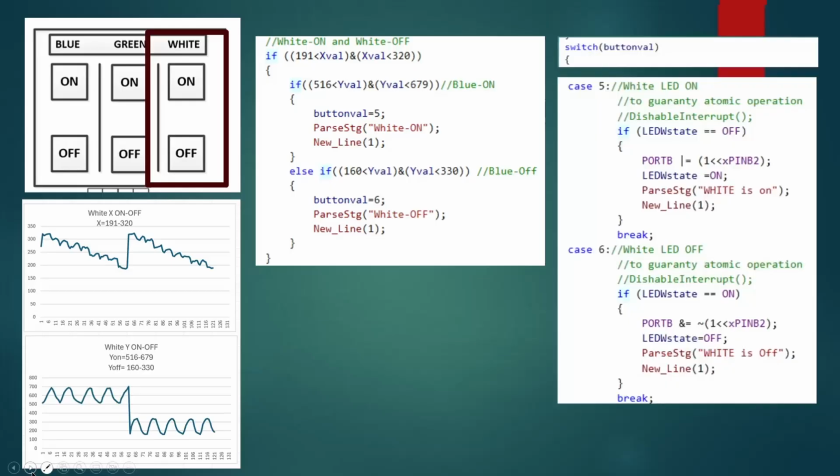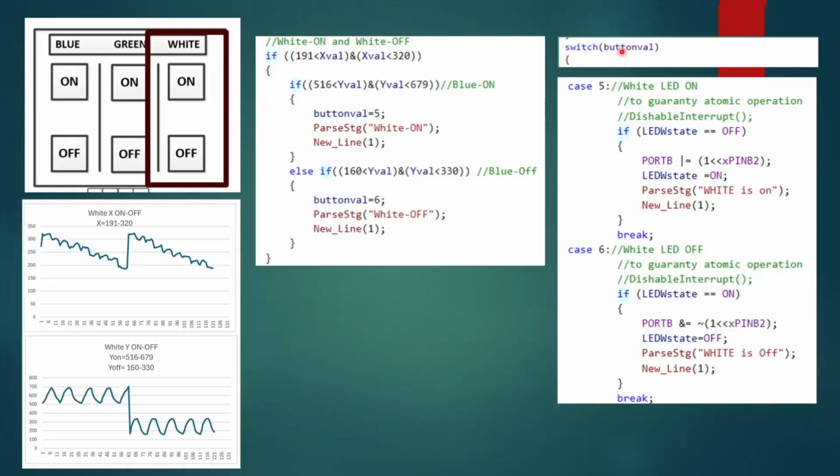Again, I do the same as before. If this if statement is true, then I set the button value to 5. If it's within this range, the output from the analog to digital conversion, then I set the value to 6.